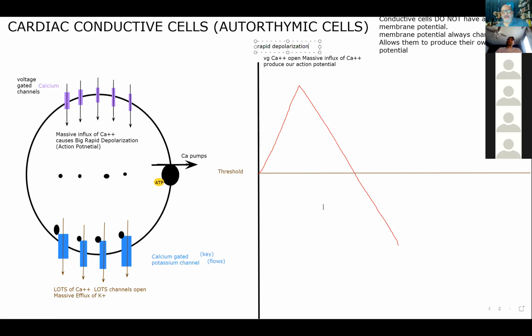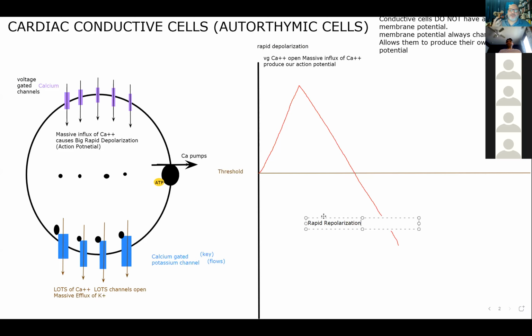But then we have a rapid, again, remember, we are calling this a rapid repolarization. But remember, repolarization means going back to the resting membrane potential. Remember, this cell doesn't have a resting membrane potential.